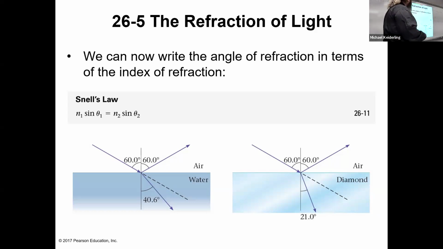And you get more refraction in diamond because diamond has an even higher index of refraction. So this compares water with 1.33 to diamond with 2.46 or something like that.